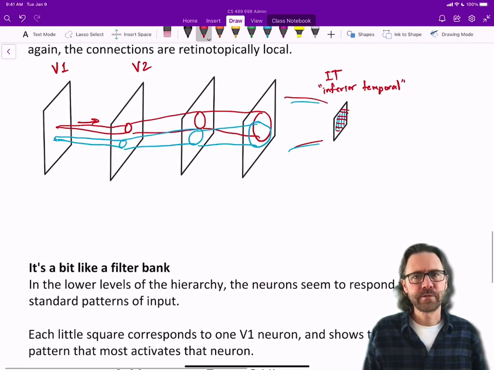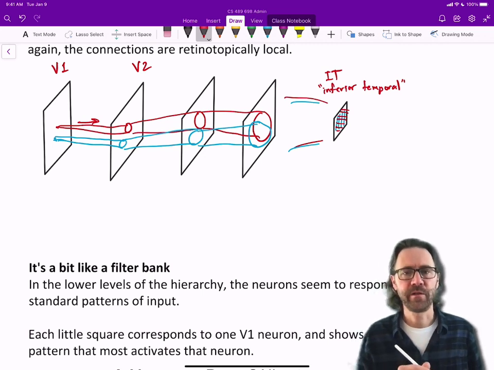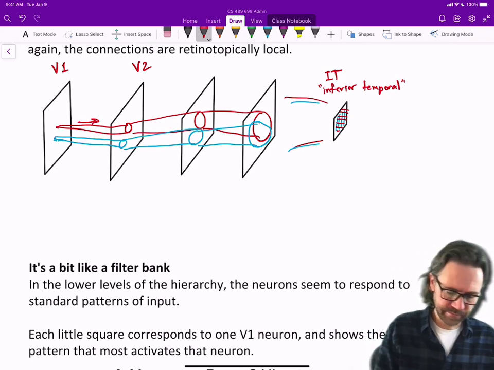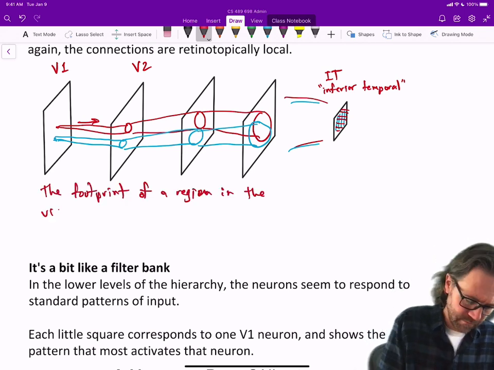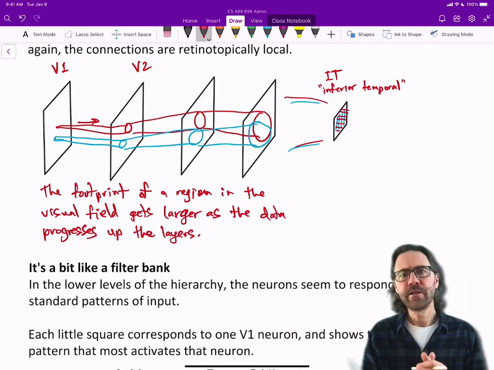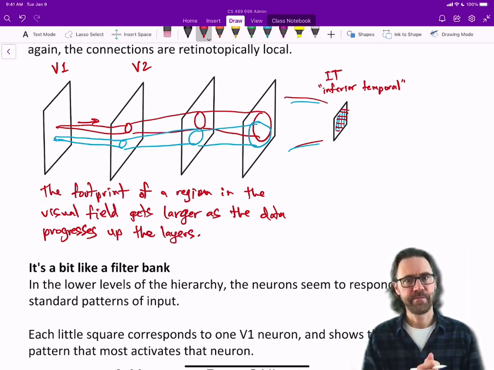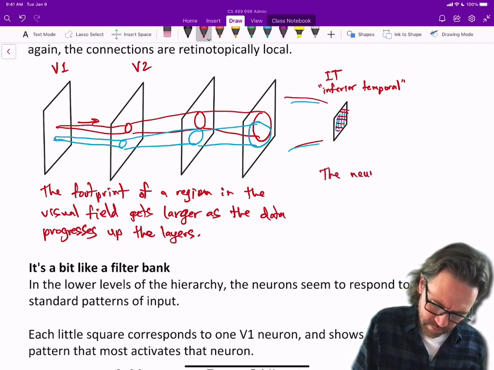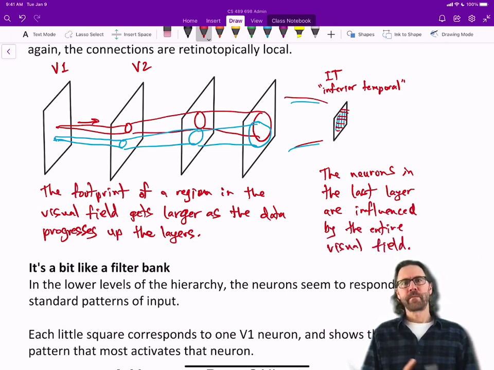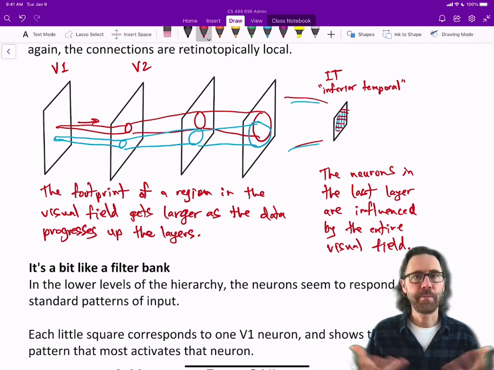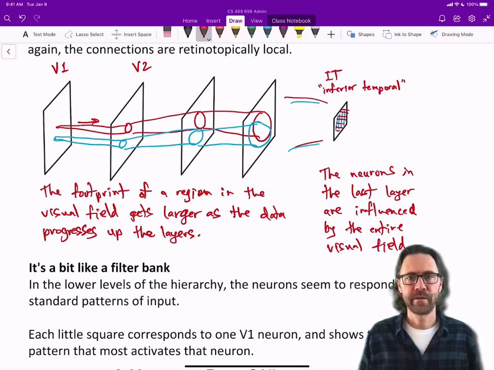Okay, so the footprint of a region in the visual field gets larger as the data progresses up the layers. And the neurons in the last layer are influenced by the entire visual field. Okay, so that's the retinotopic or topological nature of your visual system.